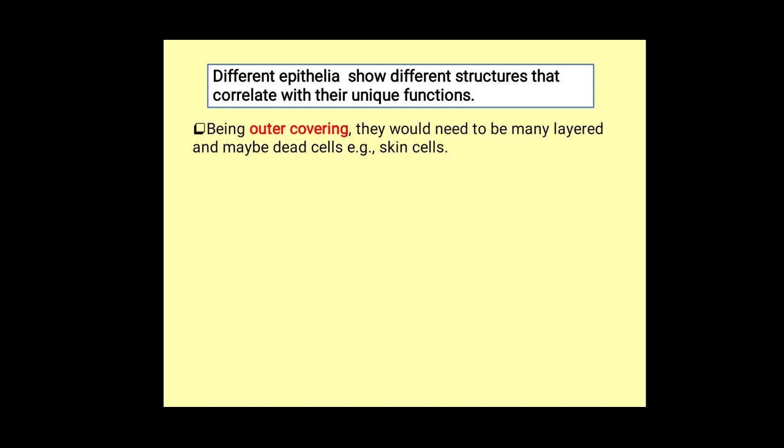Now it is very important to remember that whatever is the structure of the epithelial cell or the epithelial tissue, it will be related with the function that it performs. For example, if it is forming the outer covering, and a covering is for protection, then it will be many layered.